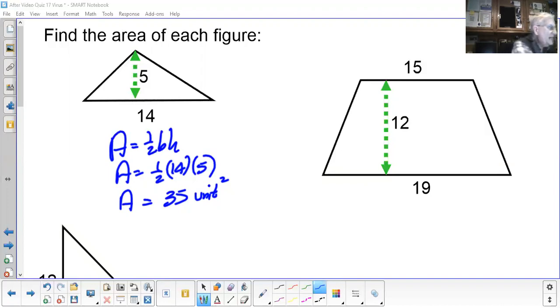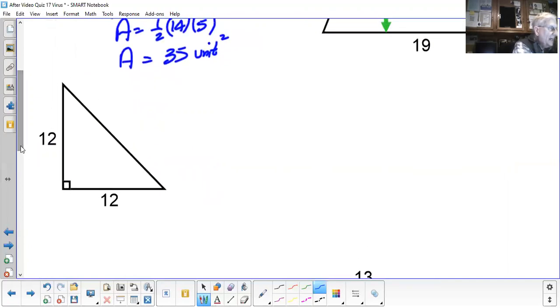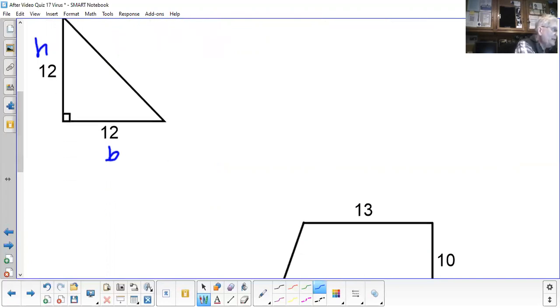Okay, let's go down to the problem beneath that. It's another triangle, right? And of course, this triangle is a right triangle. So notice its base down here and its height up here are exactly the same, because this is an isosceles right triangle. Two sides are equal in length, and they happen to be the legs of the right triangle, and the hypotenuse is the third side. But to get its area, I will simply write the formula again.